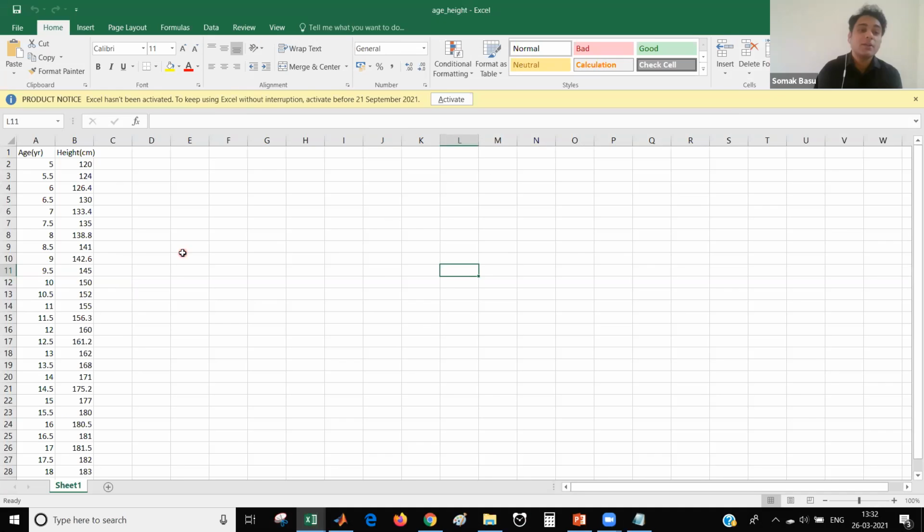Only last 5 minutes. So for example, I have got a data set over here, which has got two variables: age in years and height in centimeters. I have started the age from 5 years, 5.5 years, 6 years, 6.5 years, 7 years, 7.5 years, and the height I've not put in feet, but rather in centimeters.